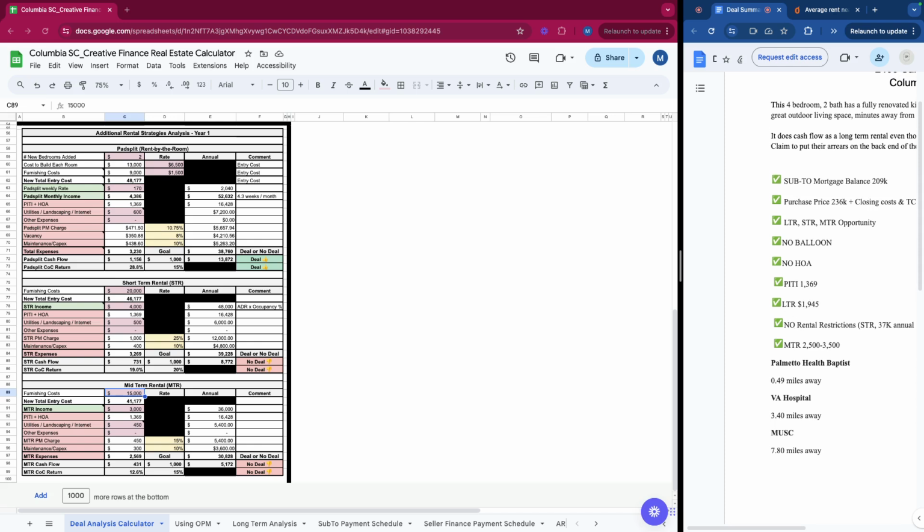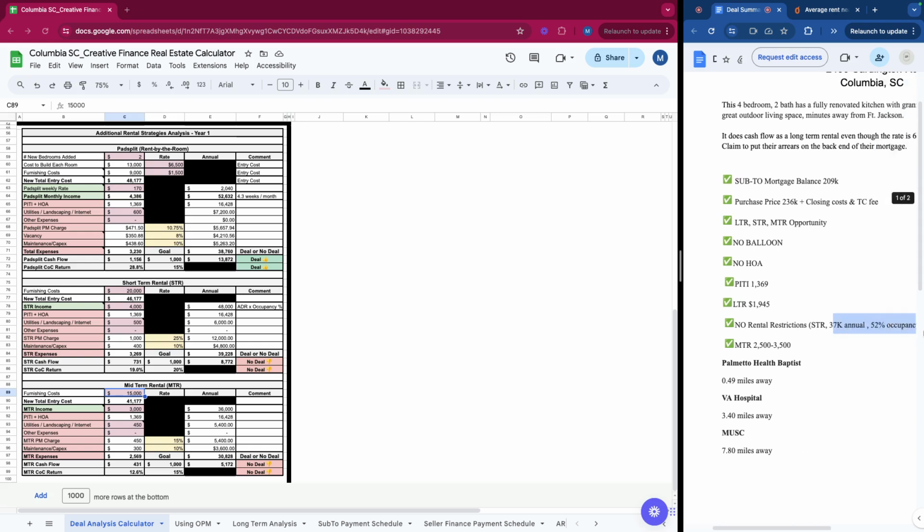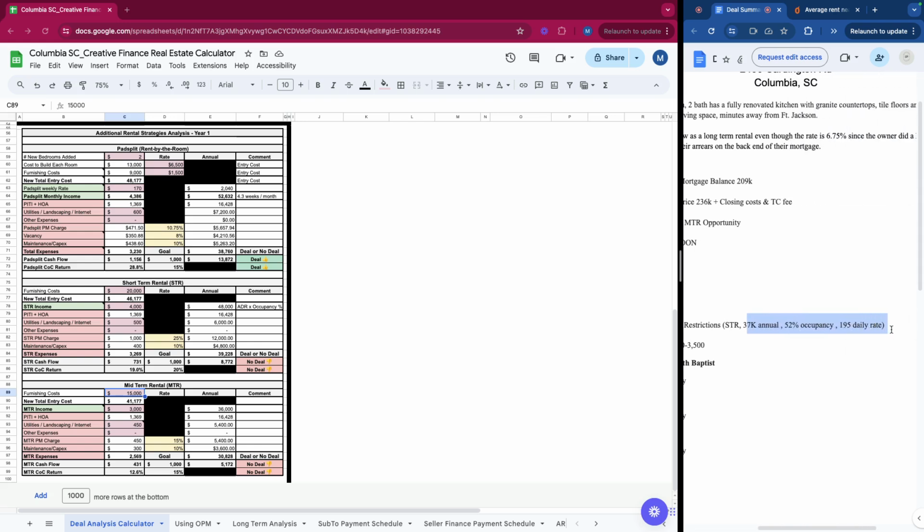In regards to short-term rental, I will say at $37,000 a year, it's not worth it because you're going to spend more each month. That's basically the same as your midterm rental, but you're going to have to spend more to furnish it better.